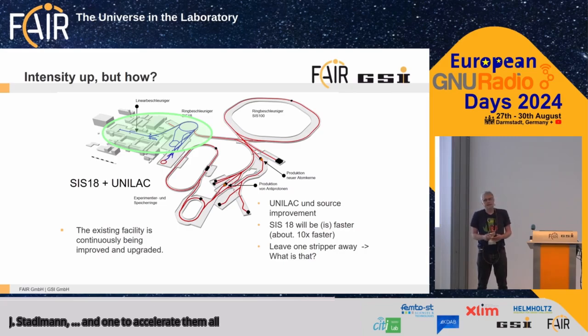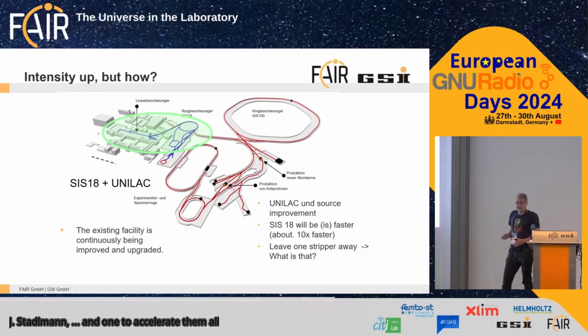So you can, as an experimentalist, basically order any ion from protons to uranium. So the stable ones you can have from the source in the accelerator accelerated on your target. You can even have different energies from shot to shot, and even different ion species from shot to shot. So you can have a user who gets a nickel and the next one gets a gold, shot to shot.